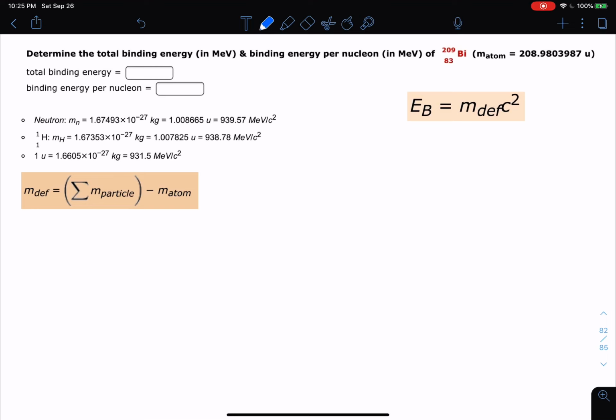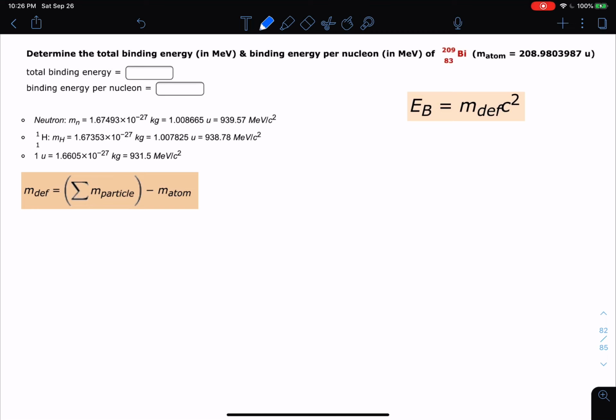So first off, what is binding energy? When you create a nucleus, or I should say an atom, from scratch, you have to bring together all the neutrons, protons, and electrons. And in doing so, some of the matter will be turned into energy.